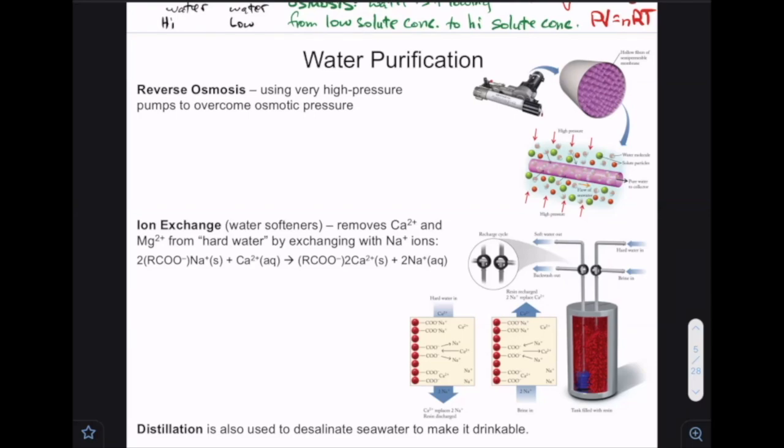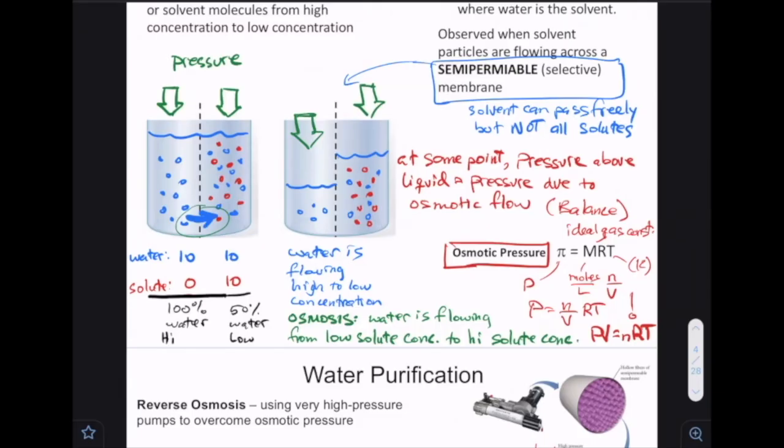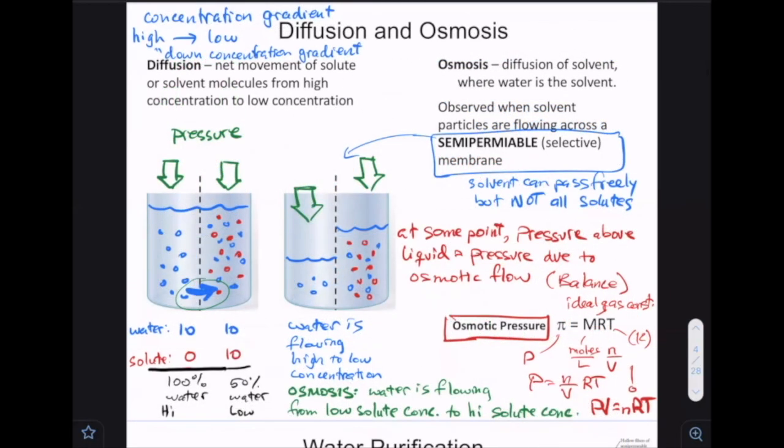They're going to provide enough pressure to offset the osmotic pressure and basically push this back in the other direction and get all the water back here on the left-hand side and leave all the red nasty particles that you don't want to drink on the right-hand side. And really what we're talking about a lot in this chapter is going to be volatility.